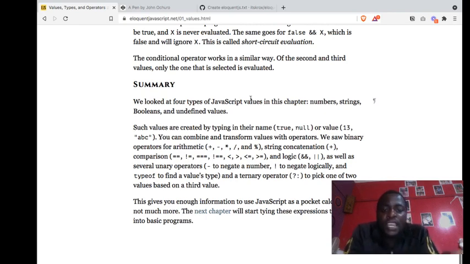This gives you enough information to use JavaScript as a pocket calculator, but not much more. In the next chapter, we will start tying these expressions together into basic programs.